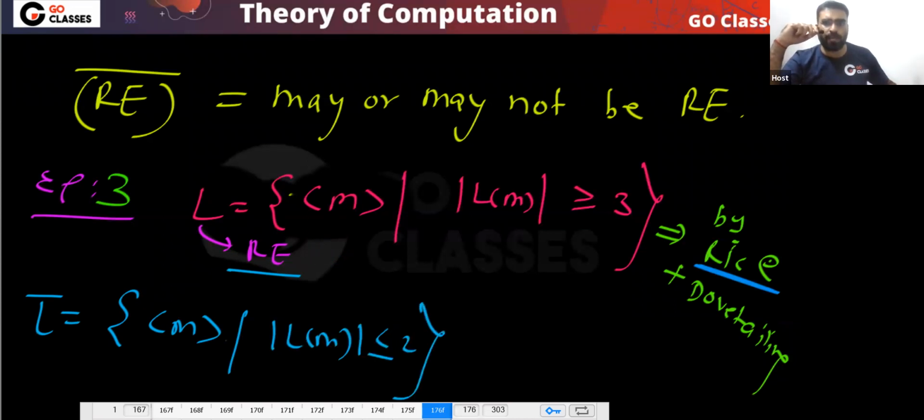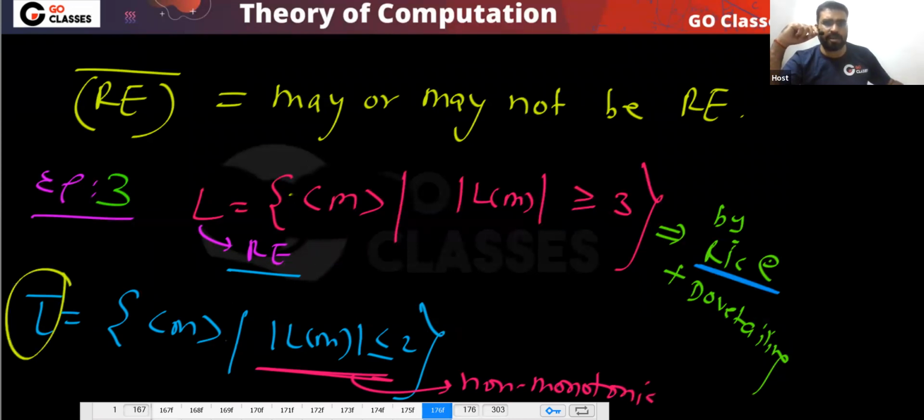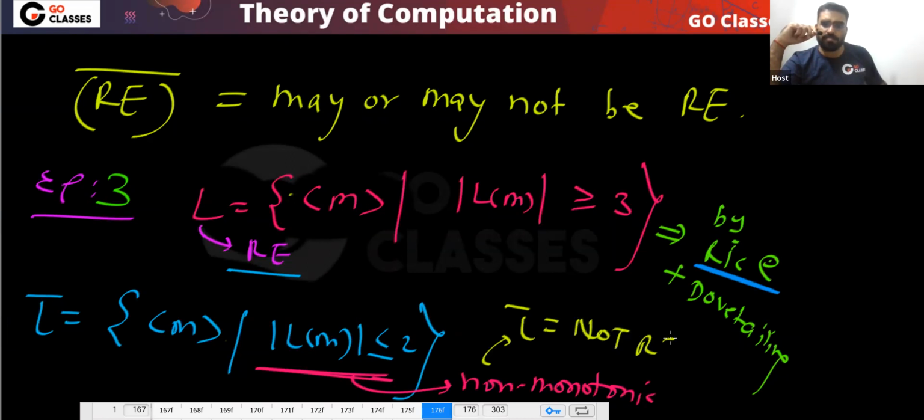This is a non-monotonic property. Because this property is non-monotonic, L complement is not RE. So many examples we can have. Is this clear to everyone?